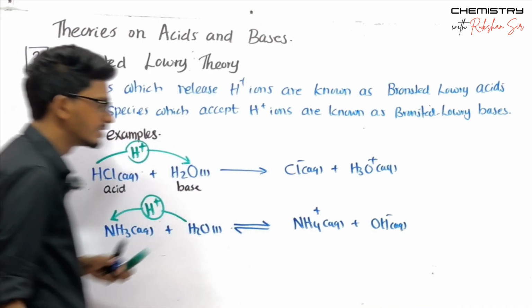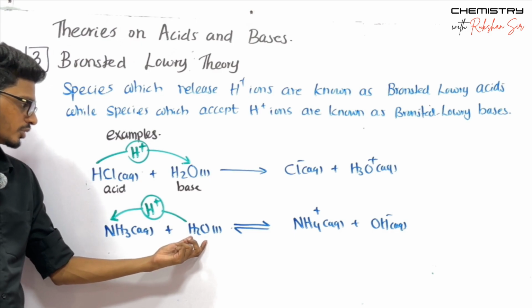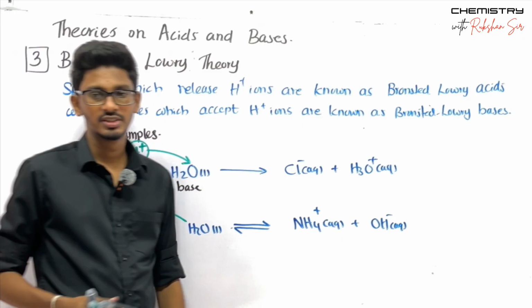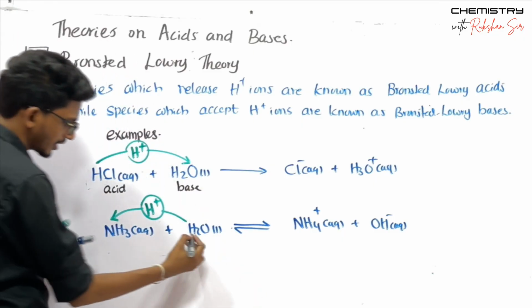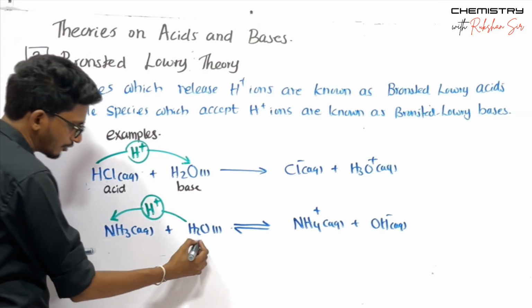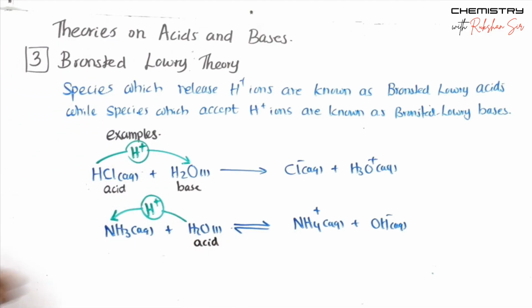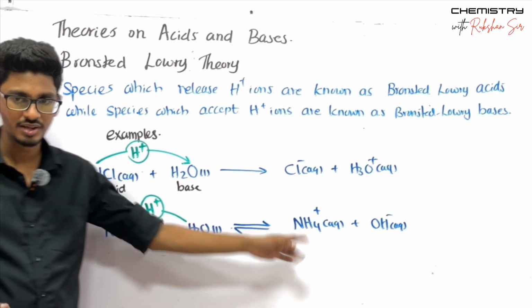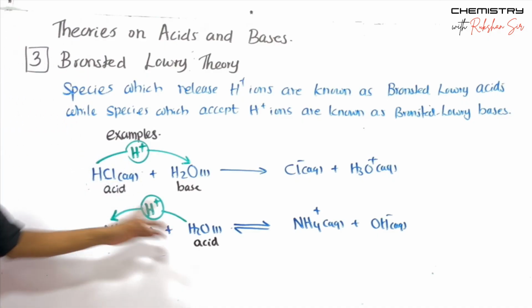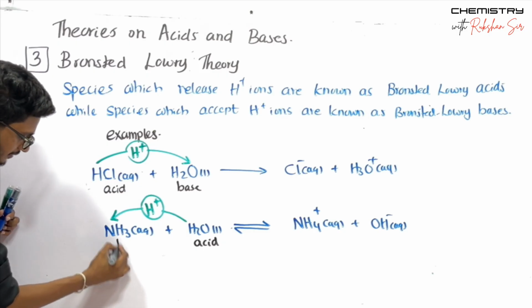In this acid-base reaction, H plus is released from H2O to produce OH minus, so H2O is the acid, the species which releases H pluses, and that H plus has been accepted by NH3 to come up as NH4 plus. So the H plus acceptor is the base according to Brønsted-Lowry theory.